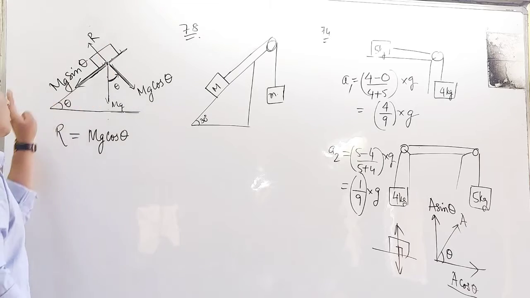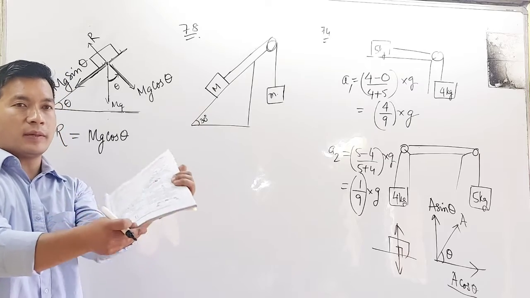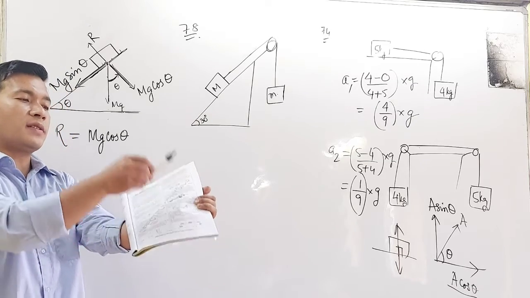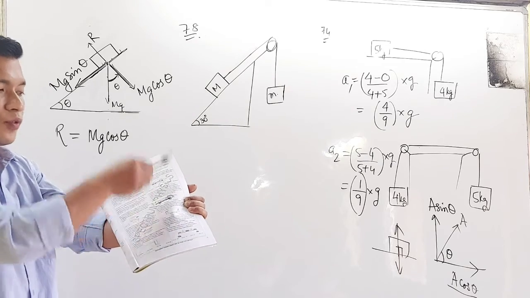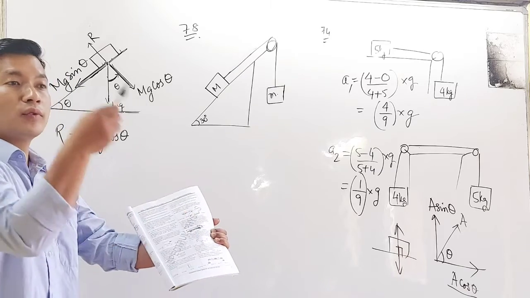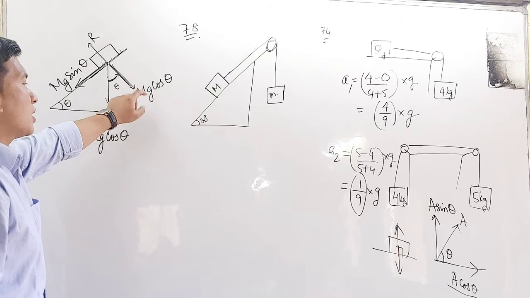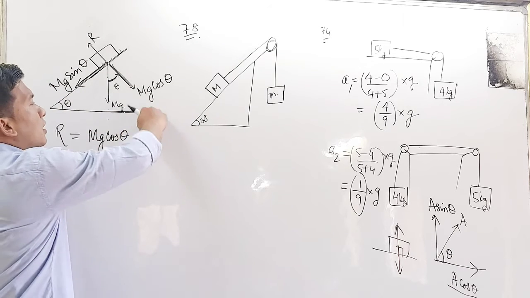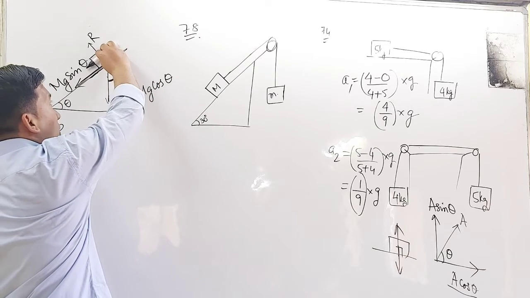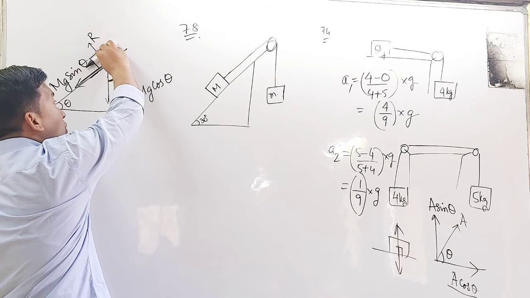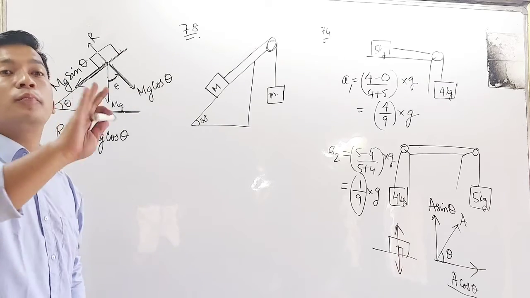While sliding down the inclined surface, the object neither jumps upward nor moves into the surface. So our normal reaction must equal mg cos theta. If mg cos theta were greater than R, the object would tend to move into the plane, which is impossible.